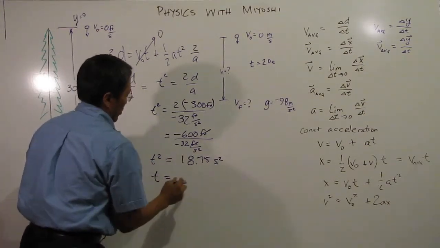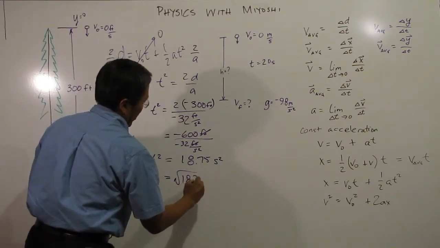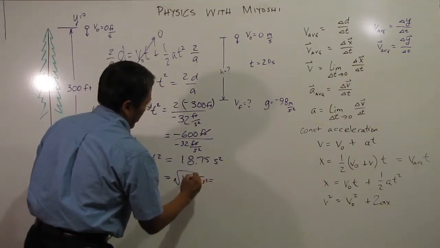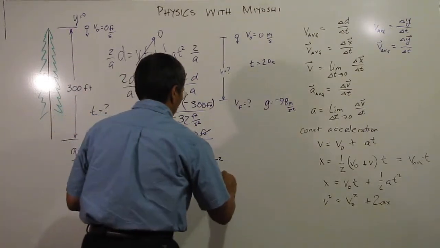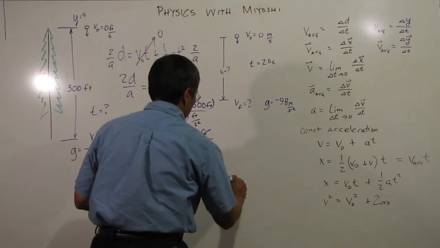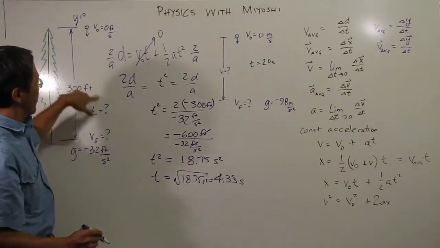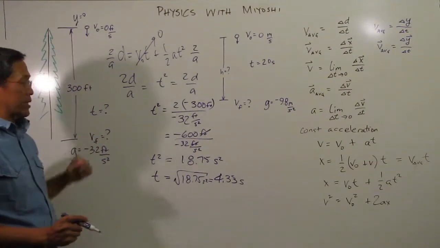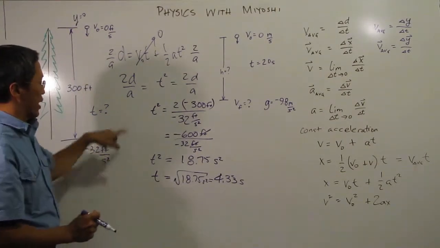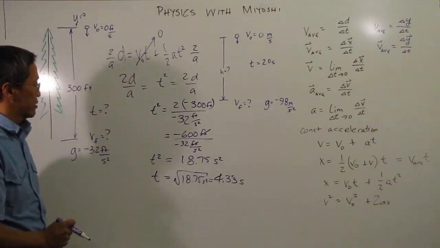So t is the square root of 18.75 seconds squared, which is going to give us 4.33 seconds. And so we know now that if we had a tree or something, and we dropped something, neglecting air resistance, it would take 4.33 seconds to get down there.